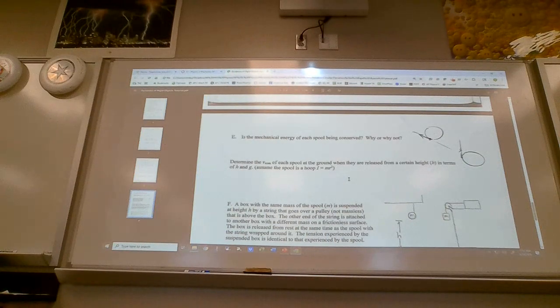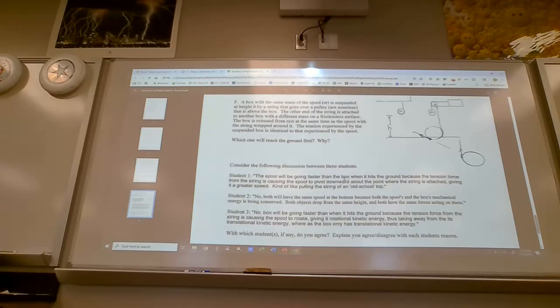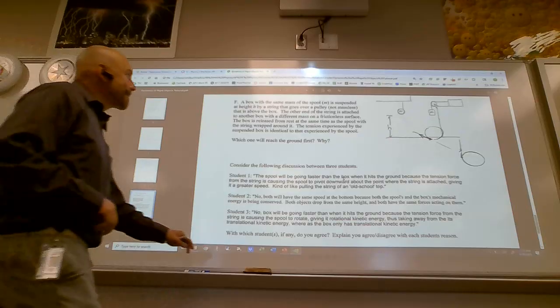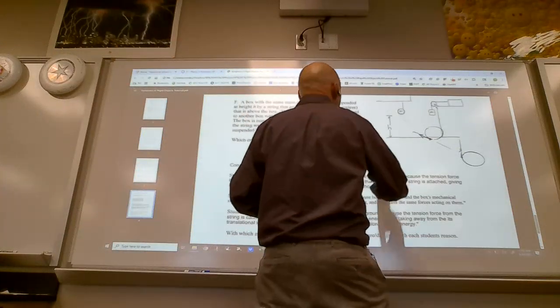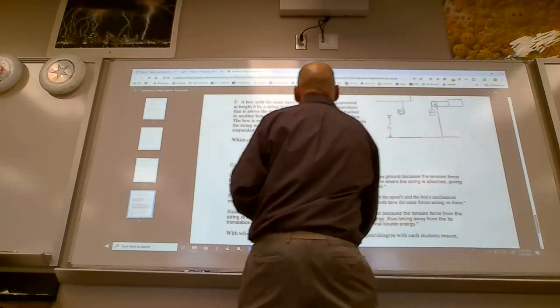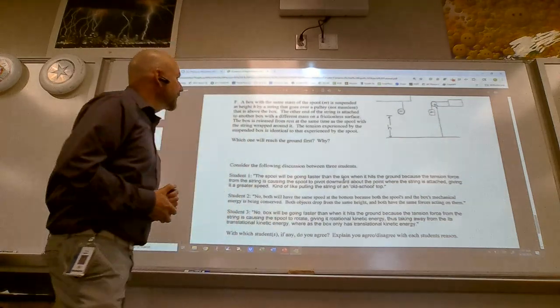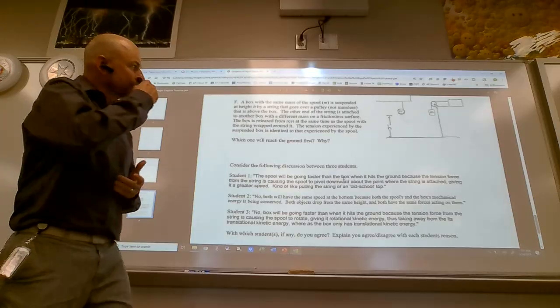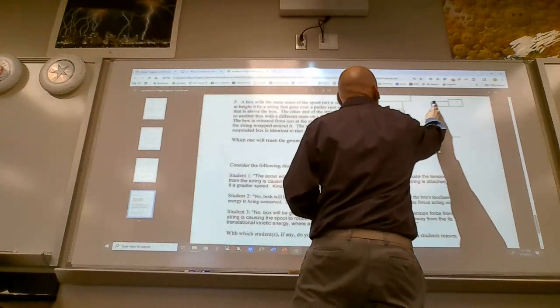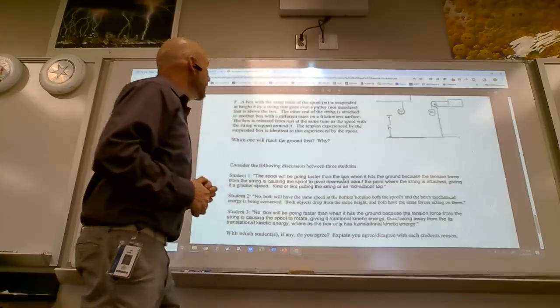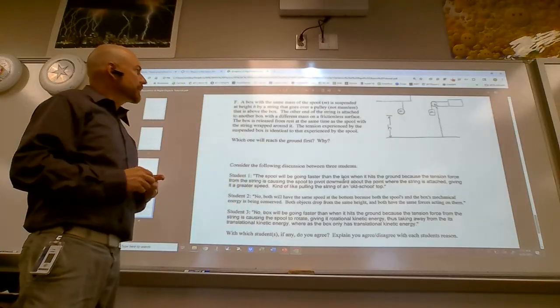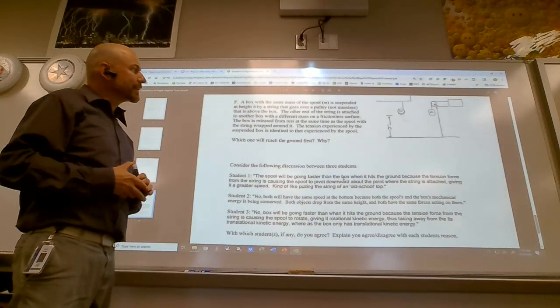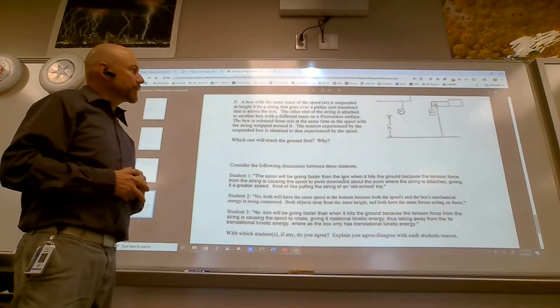All right, so here's the scenario. A box with the same mass as the spool, suspended by height h. So equal heights, equal masses. But this one goes over a pulley that has mass, and the other end is attached to a box with a different mass on a frictionless surface.